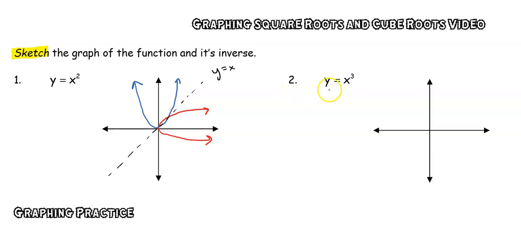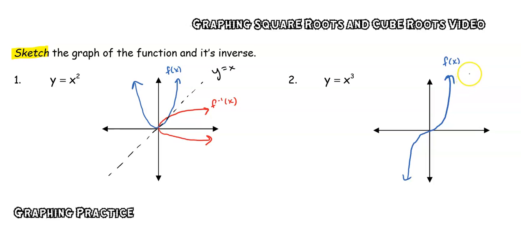Number 2, we have y equals x cubed. X cubed is that snake-looking graph here. This was our f of x. This was our inverse. Here is our original.